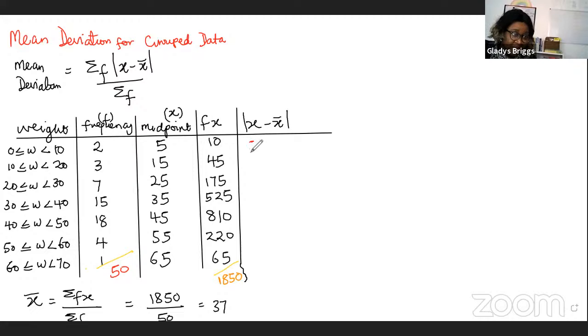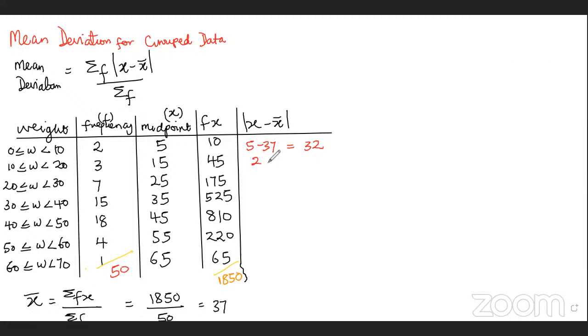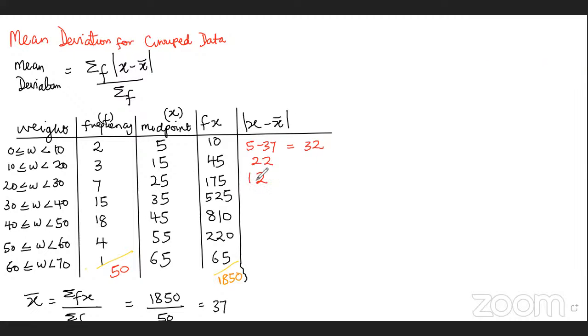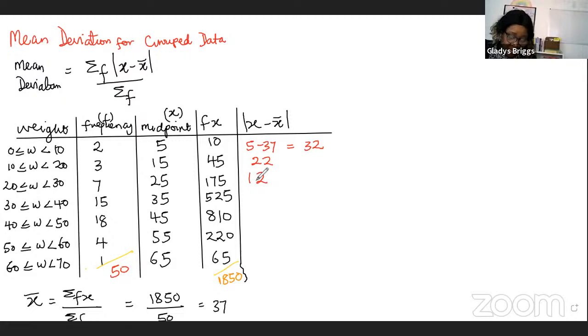X is 5 minus 37 is equal to 32 if we take the positive value. 15 minus 37 is 22. 25 minus 37, 12. 35 minus 37, 2. 45 minus 37, 8. 55 minus 37, 18.